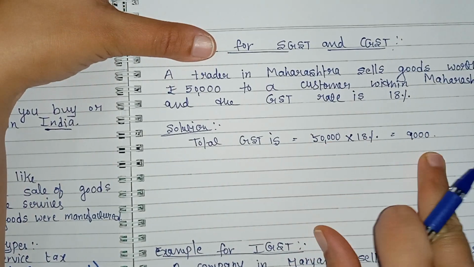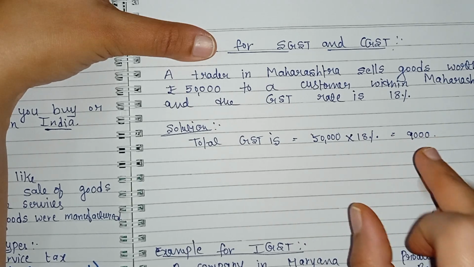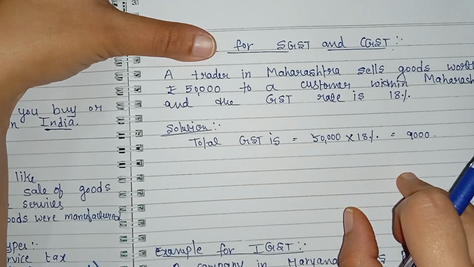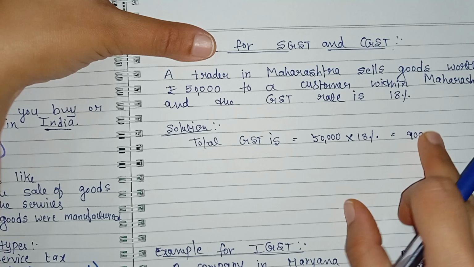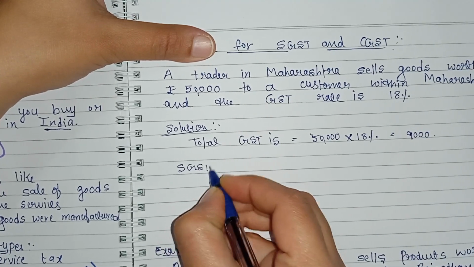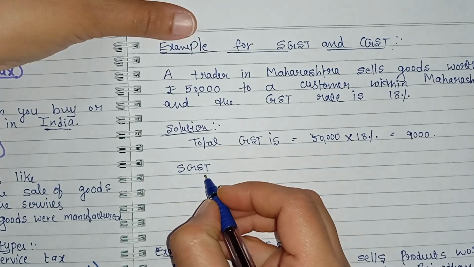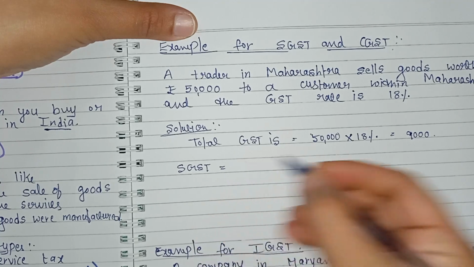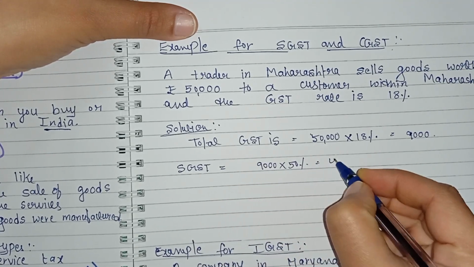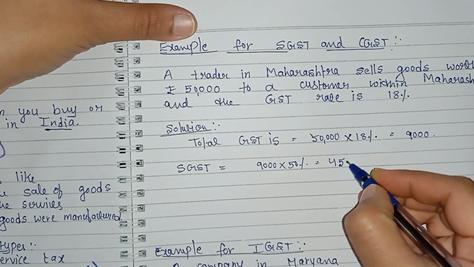Here 9,000 we need to equally share it between the state government and the central government, means 50% and 50%. So the tax that goes to state government, that is state goods and service tax, that is equals to 9,000 into 50%, that is equals to 4,500.